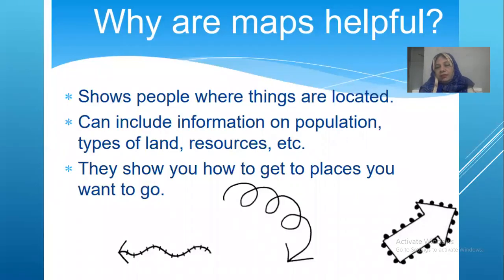Maps are very helpful to us. They are very important. Why? Because a map shows people where things are located. We can get the exact location by reading a map.